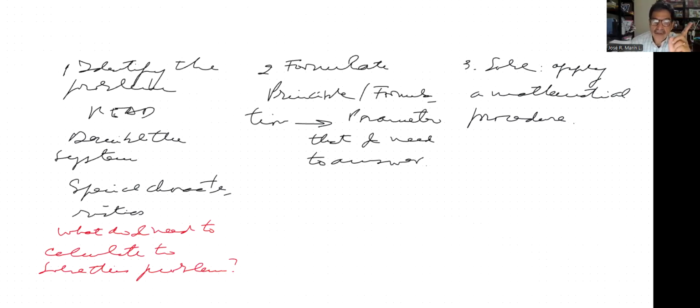And the number of unknowns has to be equal to the number of equations that I have. Something like that. What type of mathematical problem do I have? And according to that, what is the procedure, mathematical procedure, in order to solve it? And finally, you have to check results.